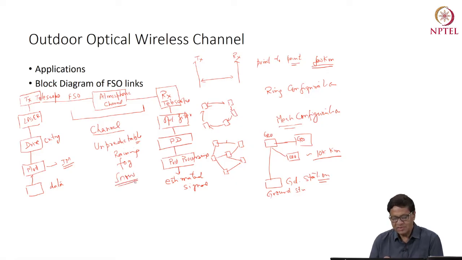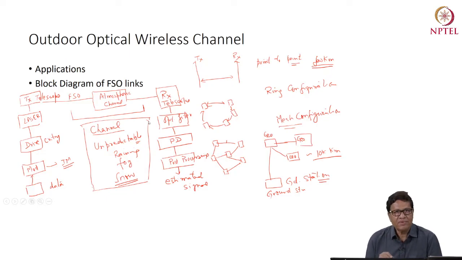Depending upon this, your channel characteristic will change and your received power at the receiver will also change. And your performance may go up and down. So this channel is normally modeled as a statistical channel. So we'll study in detail how we model different aspects of this atmospheric channel.